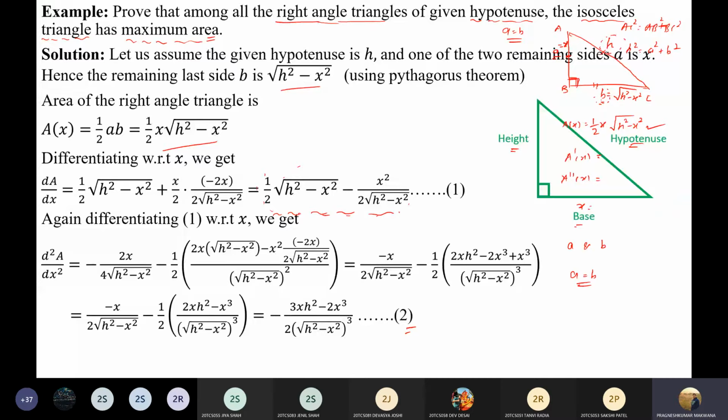So you can easily find this derivation also. So done? Yes, sir. Okay.